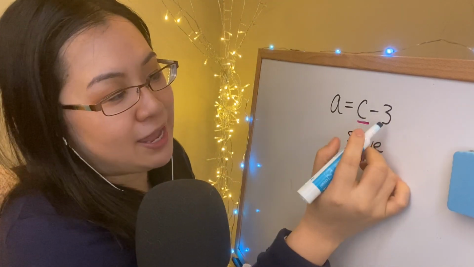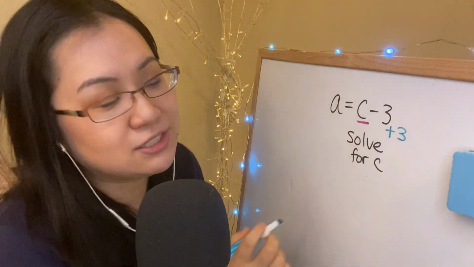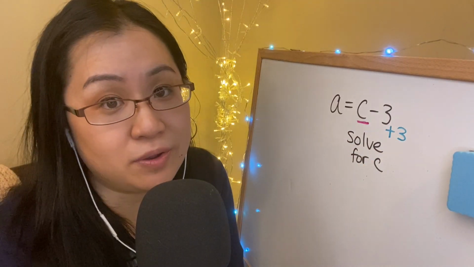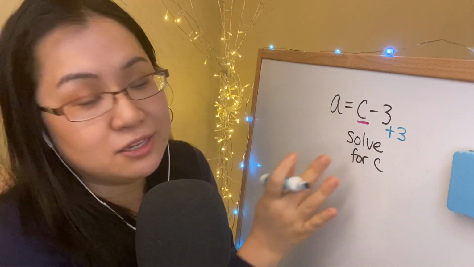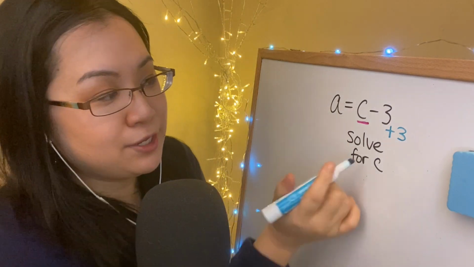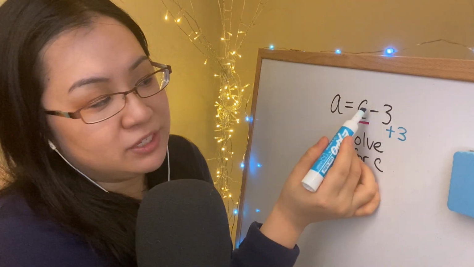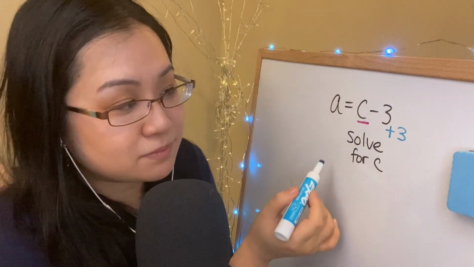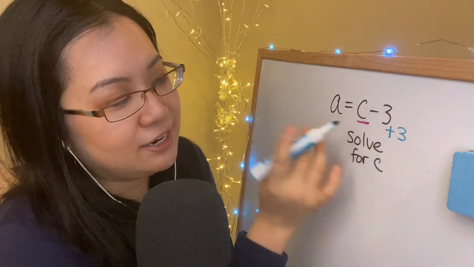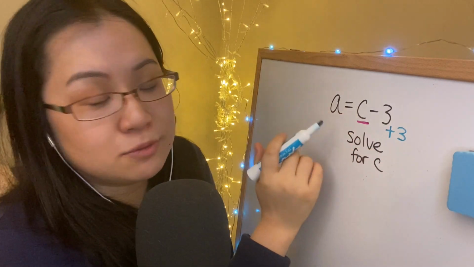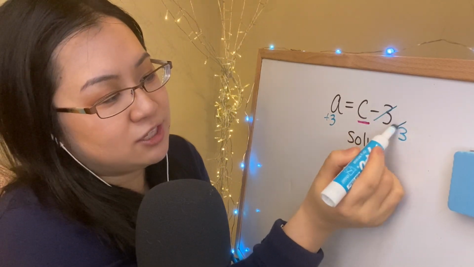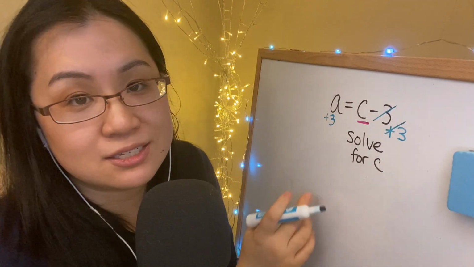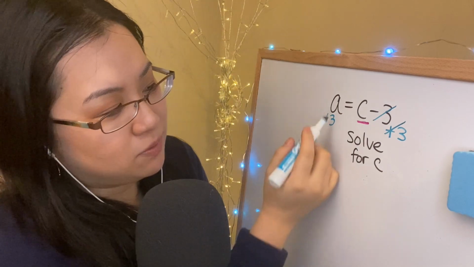I'm going to add 3 because minus 3 plus 3 gives me 0, and that goes away. It's the additive identity, so anything plus 0 is itself. So this plus 3 comes from the inverse of the subtraction. But if I do it on this side, I have to keep this equation balanced, so I also have to add 3 here. So essentially that goes away, and I get C equals A plus 3, or A plus 3 equals C.